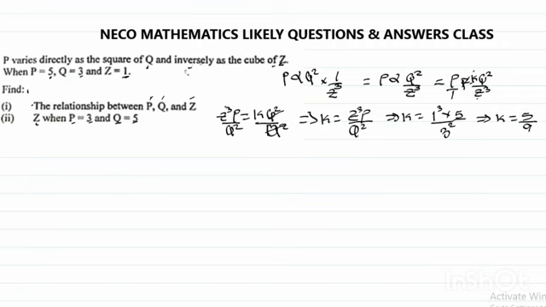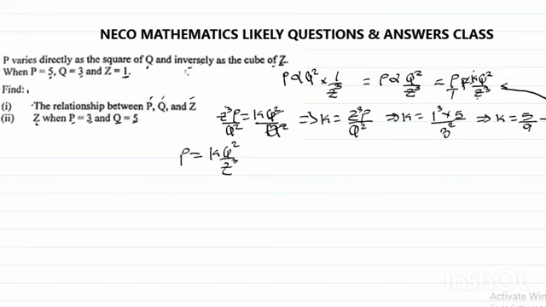So now let's put what we have here into the equation that connects them. We have p is equal to k times q squared divided by z raised to the power of 3.